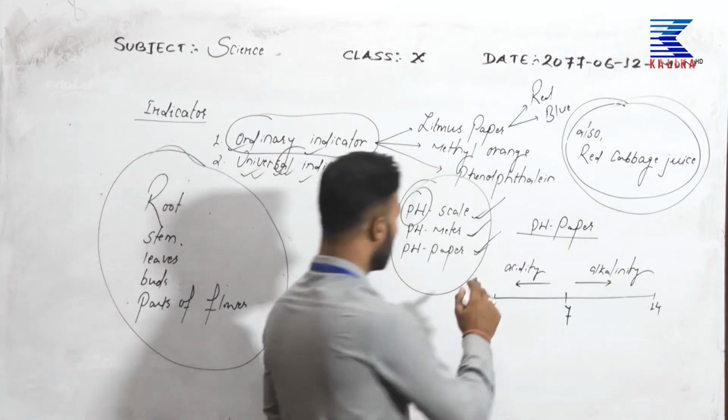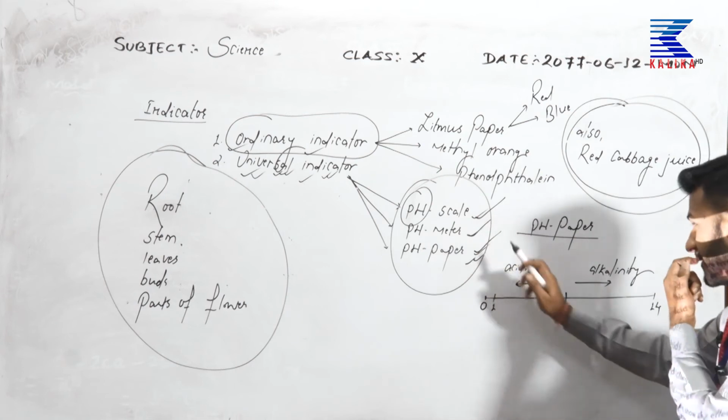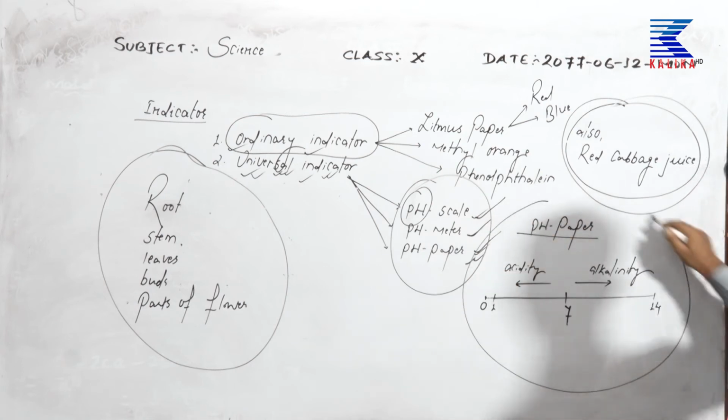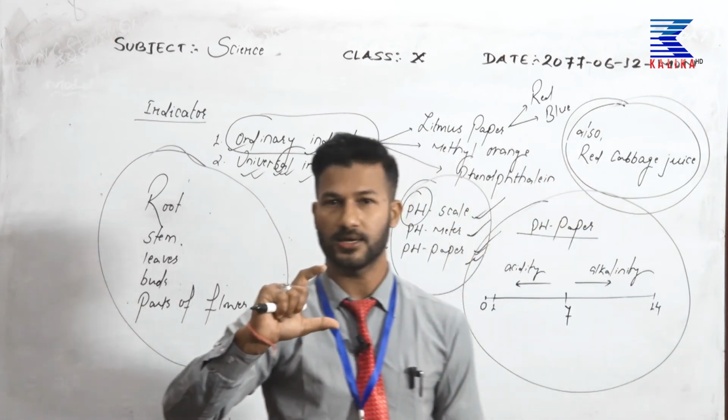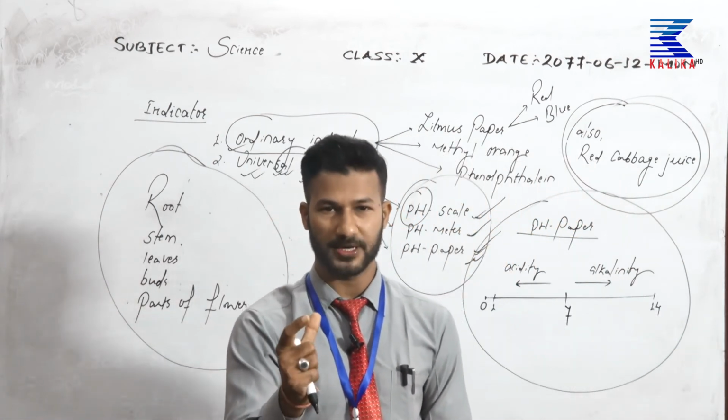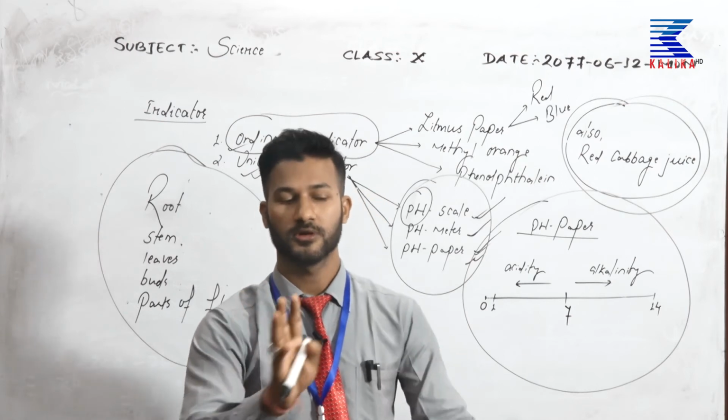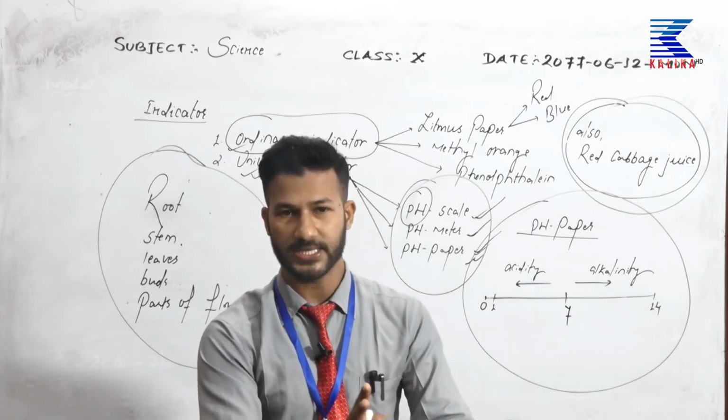So, see, here you first come with pH paper. Here I have shown something to you. pH paper looks somewhat like ordinary litmus paper, but not with red and blue colors.